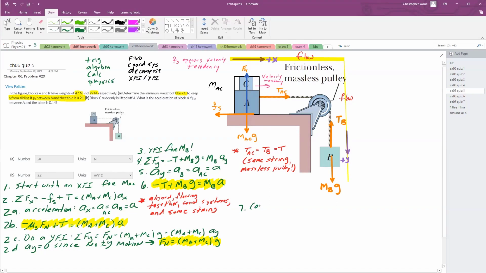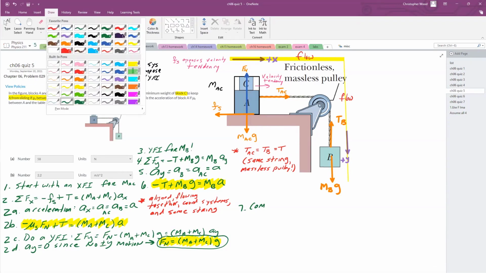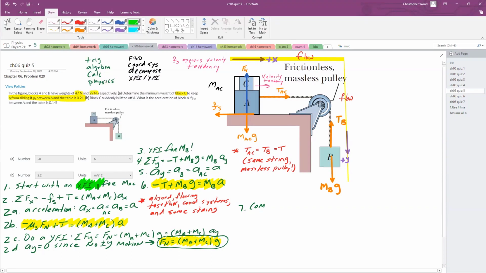Quick question. Why is FN positive in the Y force inventory? Why wouldn't it be negative? Right here, you mean? Yeah, why wouldn't that be negative? The one right above it, because the Y is going down. This is the X force inventory for AC. There's no normal force for block B because block B is not in contact with another object.